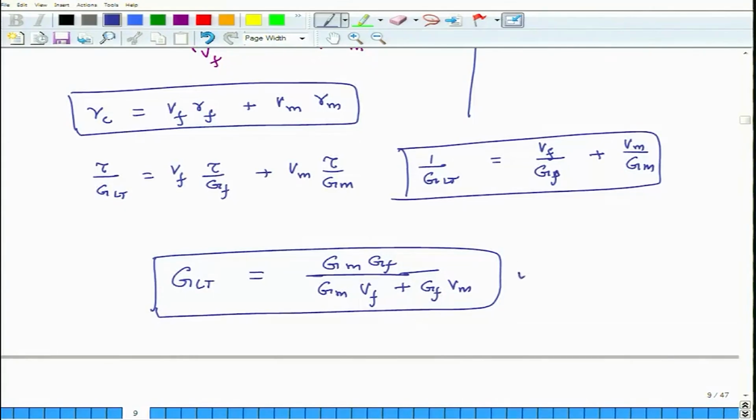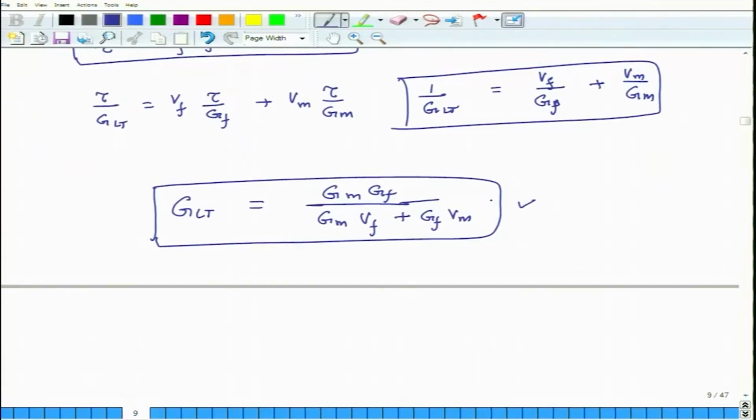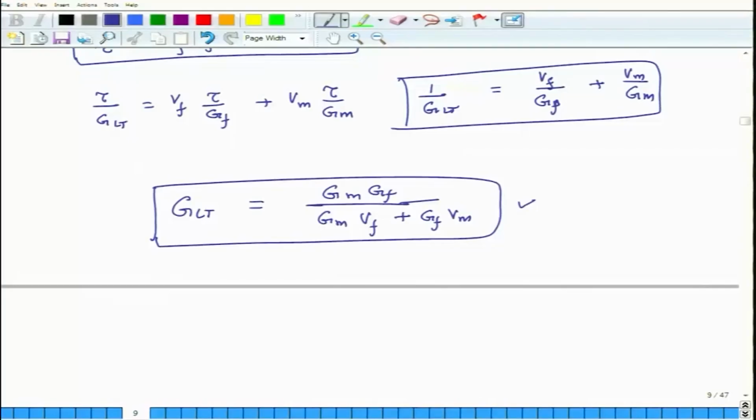So, this is using the model which I had explained earlier, where I have separated the fiber and matrix and made a lot of simplifying assumptions, and using this kind of approach I have developed the relation for shear modulus GLT for the composite. Now, when I calculate the value of GLT from this formula and compare it with experimental values, just as I found in the case of transverse modulus, there was disagreement between experimental data and the model.